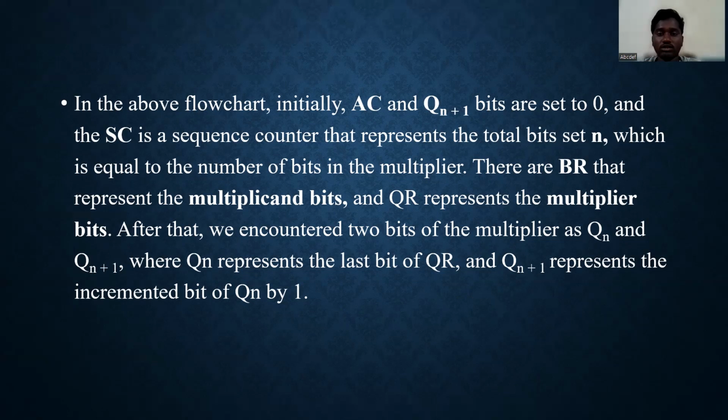After that, we check two bits of the multiplier as Qn and Qn+1, where Qn represents the last bit of QR and Qn+1 represents the incremented bit of Qn by 1.